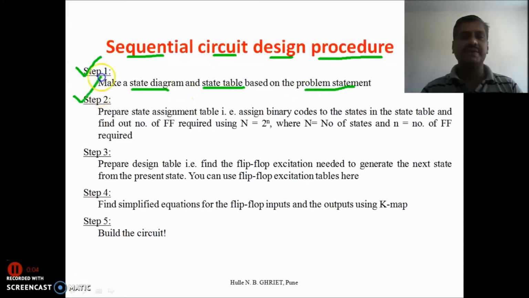Then step number 2 is to prepare the state assignment table, means we will assign a binary number to each state in the state table and find out the number of flip-flops required. Here we use the formula capital N is equal to 2 raised to the power of small n, where capital N is the number of states in the design, and small n is the number of flip-flops required in the design.